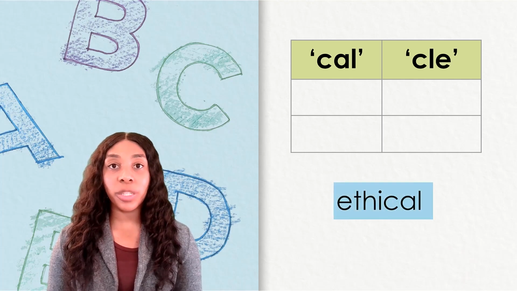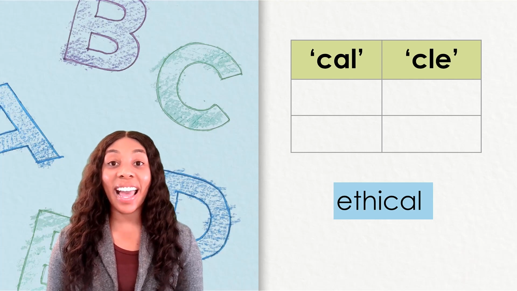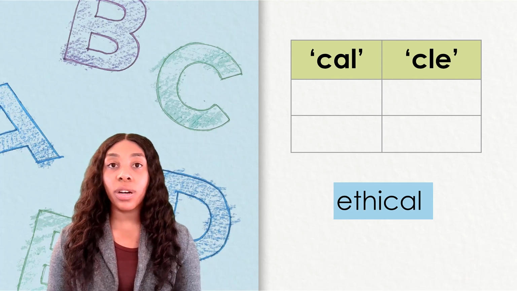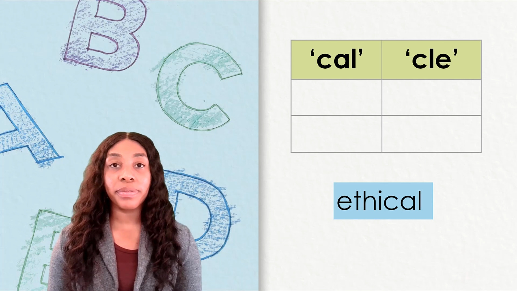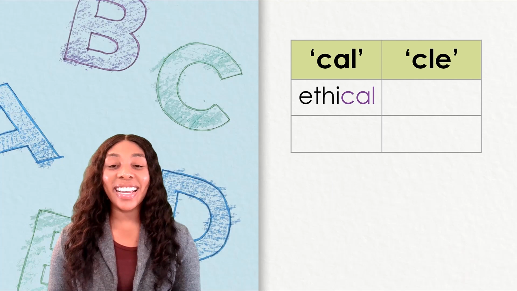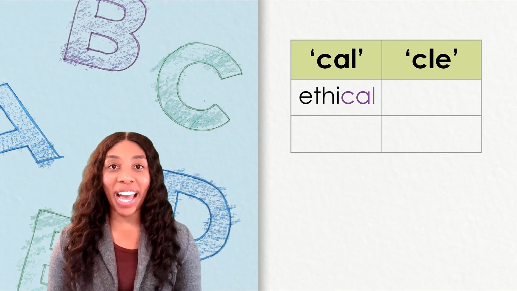Can you read this word? It says ethical. How is the k sound spelled here? If you thought C-A-L, you were correct. Go ahead and give yourself a pat on the back.